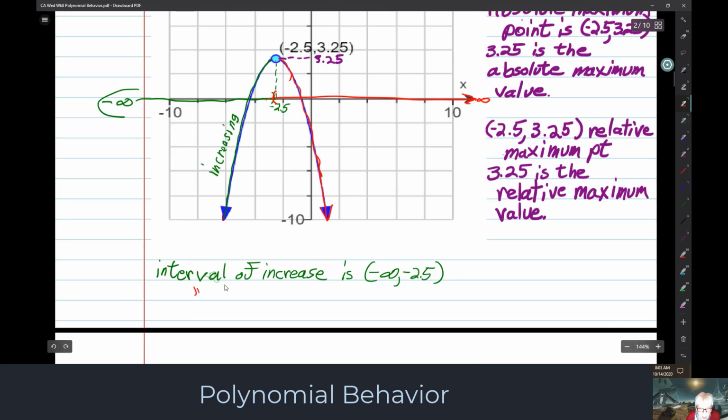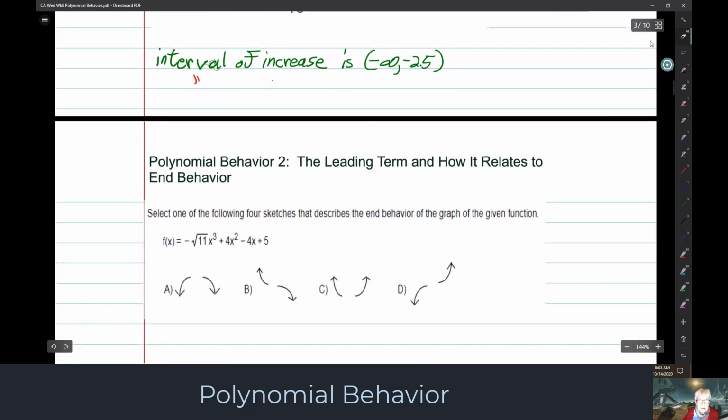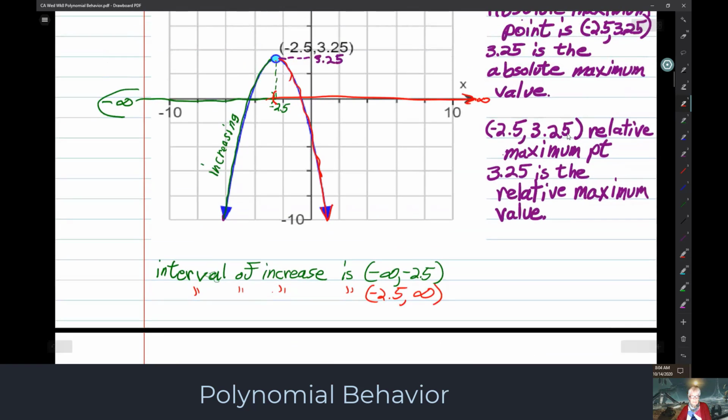So the interval of decrease. So there you go with that.